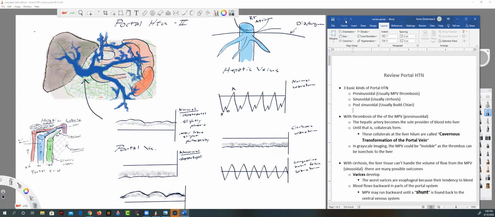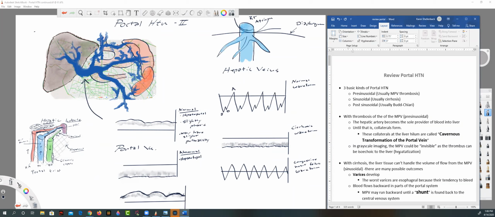In grayscale imaging, just to remind you, the main portal vein can be invisible as the thrombus can be isoechoic to liver. And in fact, let me add something right here. This is sometimes called hepatization.